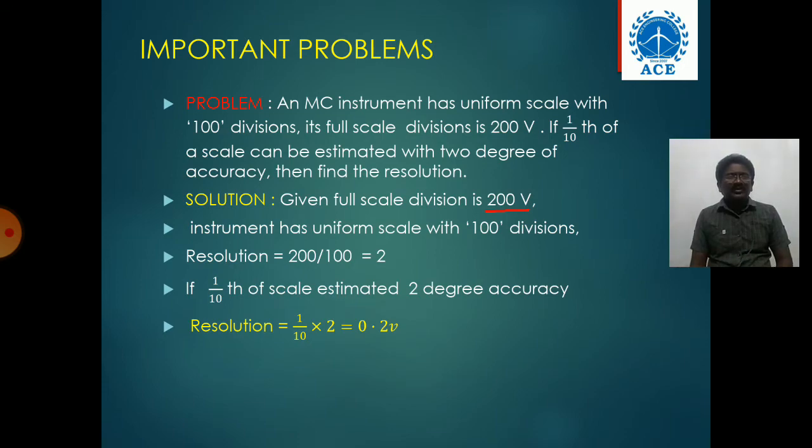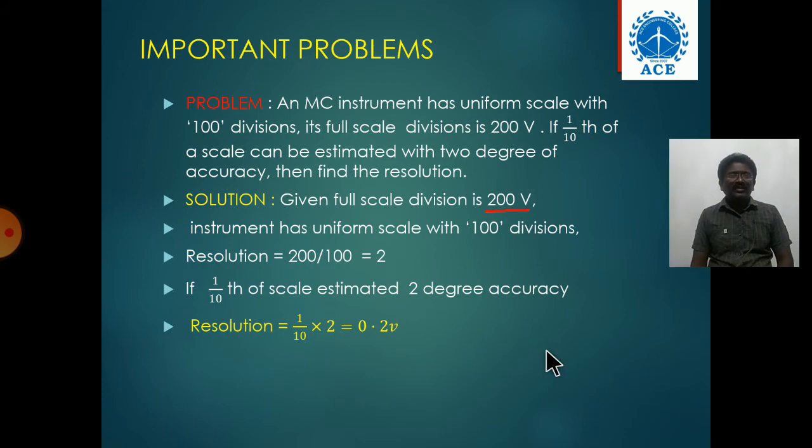In the same way, you can extend this meter's range. That means you can call it extension of voltage range. Here additionally you have to take RSH in the circuit diagram, where RSH is the shunt resistance.